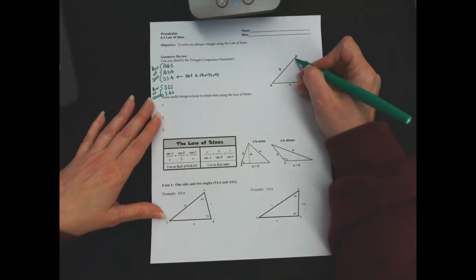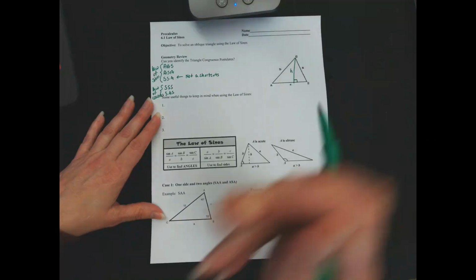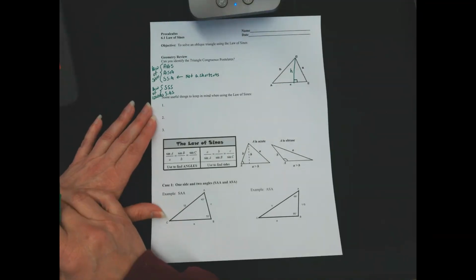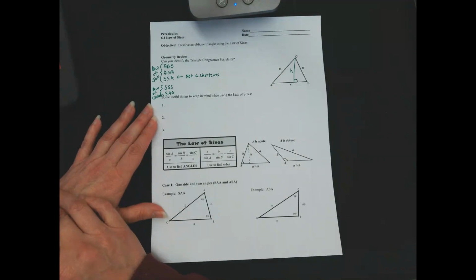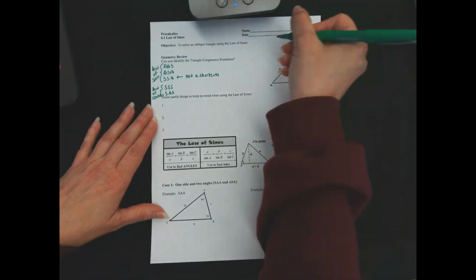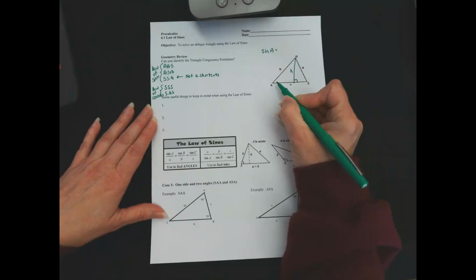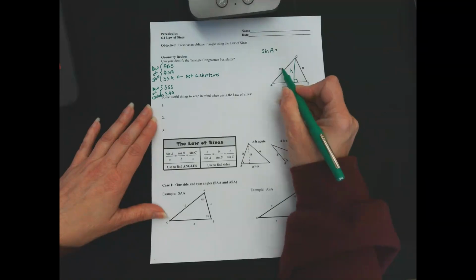We can derive it using just a plain old triangle by dropping an altitude from angle C here. That would be our height of the triangle. If we think way back to regular right triangle trig, the sine of angle A is opposite over hypotenuse.